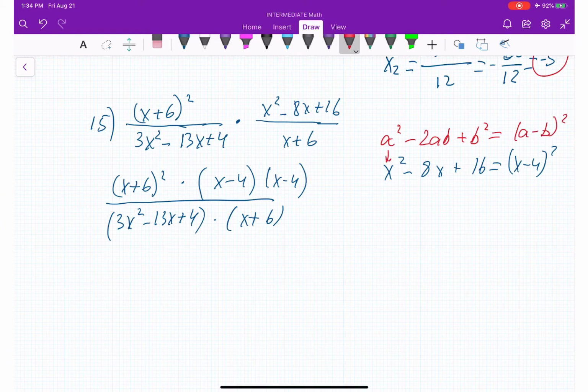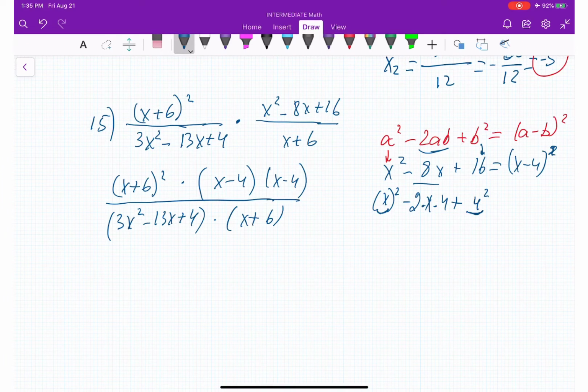A squared, so we have x to power 2, right? Last one, b squared, it's 16, which is 4 to power 2. In the middle, I have to have 2ab. So 2 times a is x, b is 4. Do we get 8x? Yes. Therefore, we have perfect square a minus b squared. My a is x and my b is 4. X minus 4 squared. Okay?